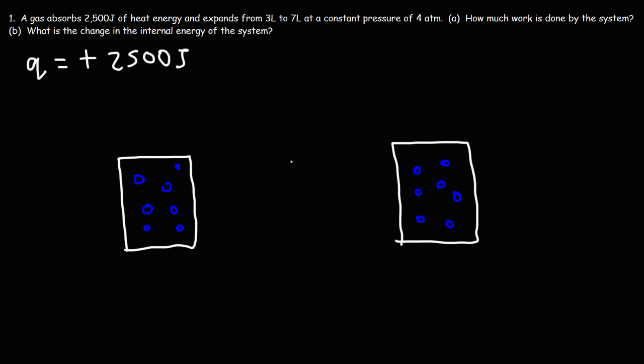So remember, when a gas expands, it can apply a force on an object and it can do work. So thus delta V is positive during gas expansion. And so because the system can do work, or work is done by the system, W is going to be negative during gas expansion.